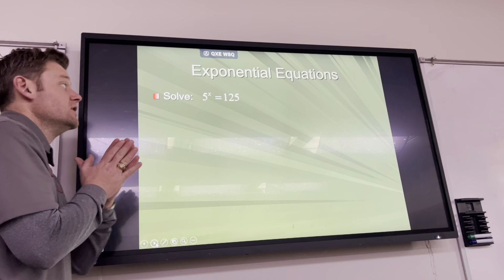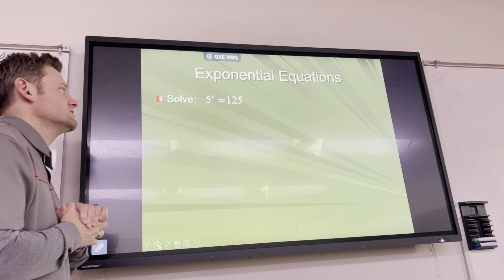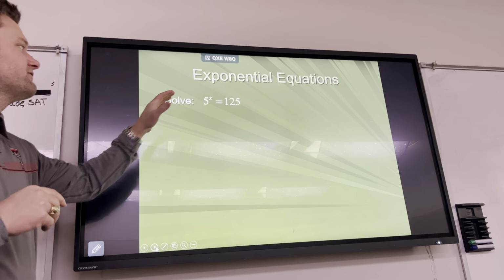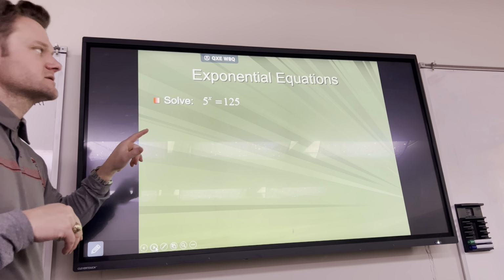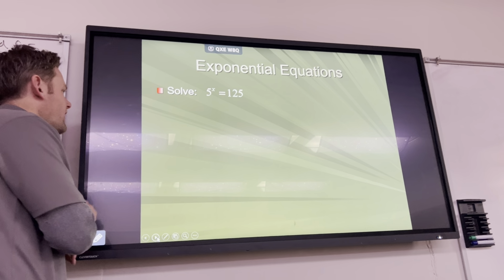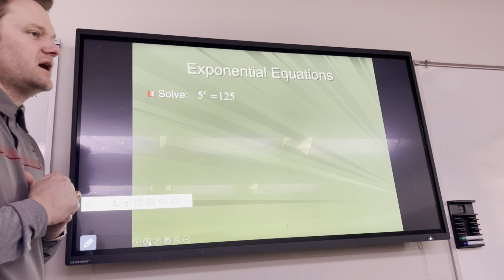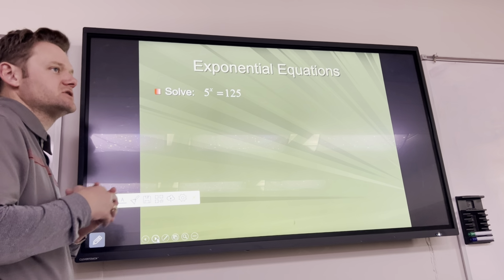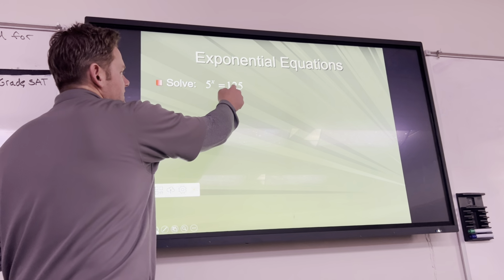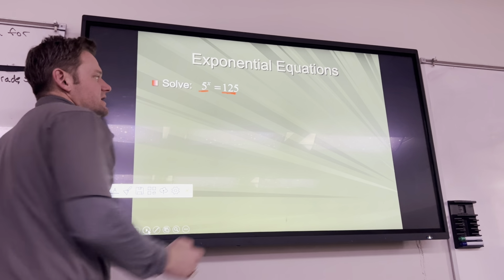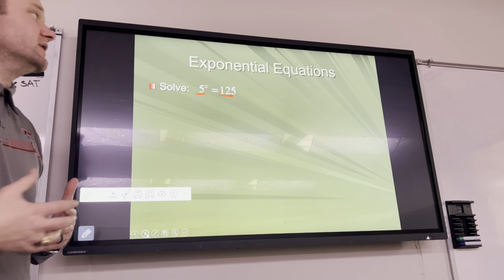All right, stop here. So now we get to the exponential equations. So I have 5 to the x equals 125. Well, the new thing for today is known as the change of base theorem. If I can get this to have the same base, then I can drop it.